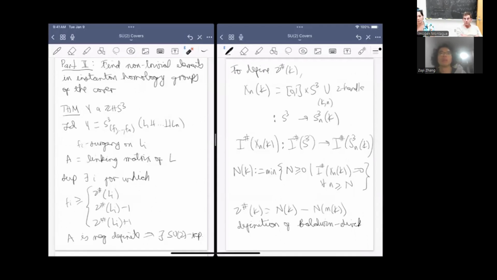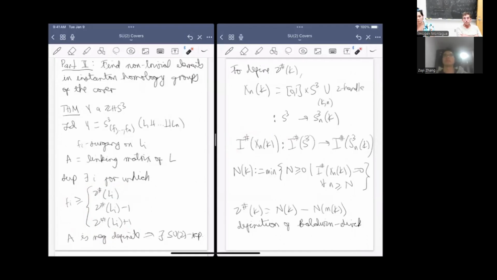And so what I want to point out is that in our theorem, the way I'm stating it, these bounds have to do with the triviality or non-triviality, depending on how you think about it, of these trace maps.